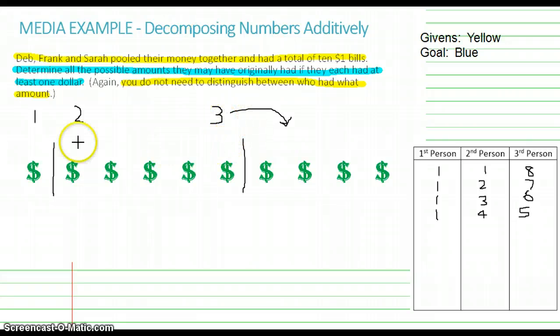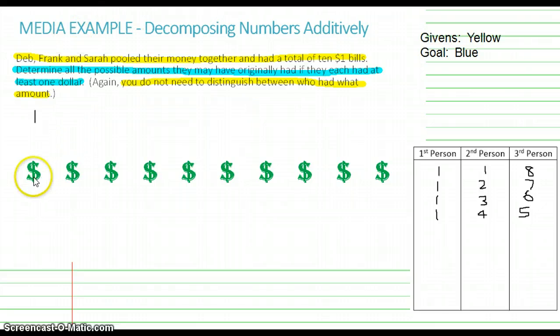Let's move these over a little bit. So the first person has $2. Let's put a 2 here and a 3 here. Okay. Now notice we already have one of the combinations where one of the people has $2, 1, 2, 7. So we need to make sure we don't include any combinations that have a 1 in it.